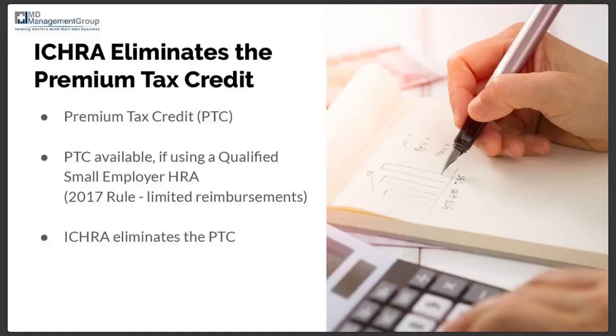ICHRA basically is eliminating the premium tax credit. So the premium tax credit, which is a federal government tax credit based upon family income, overall family income, not just one individual, not the taxpayer's adjusted gross income or taxable income, but the whole household income, everybody living under the household.